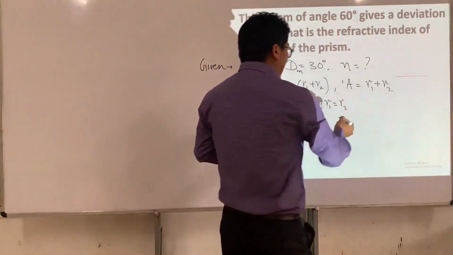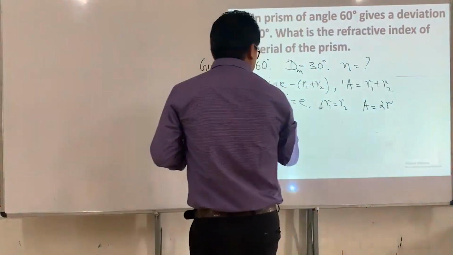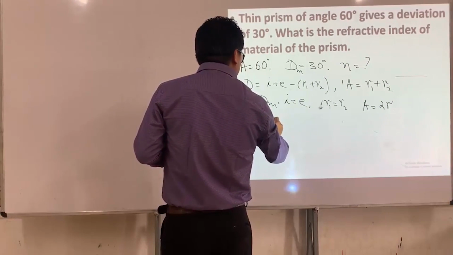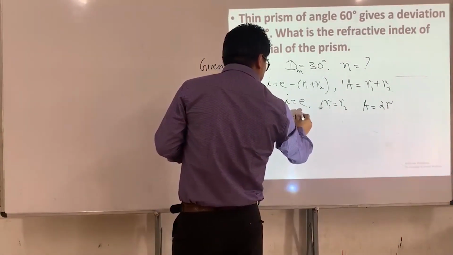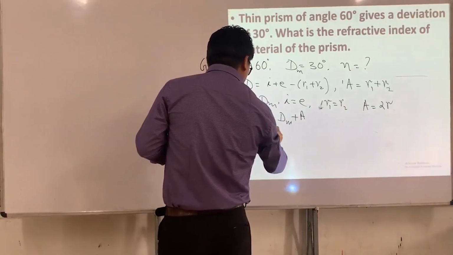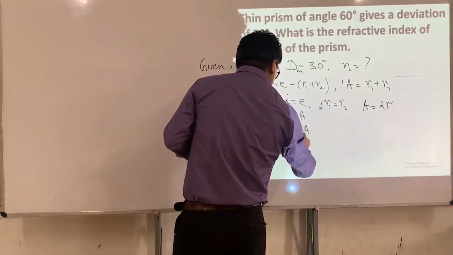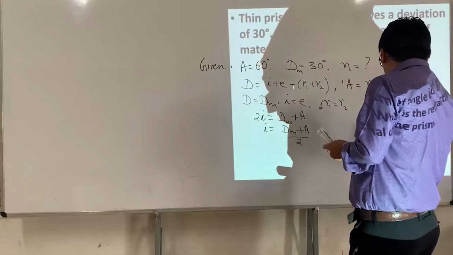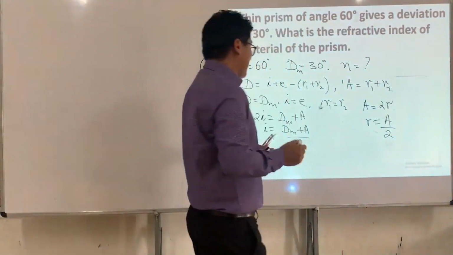Therefore, condition is that A is equal to 2R and 2I is equal to Dm plus A. So I is equal to (Dm plus A) divided by 2. Then R is equal to A by 2. These are the conditions.